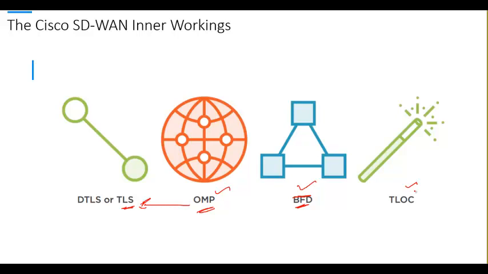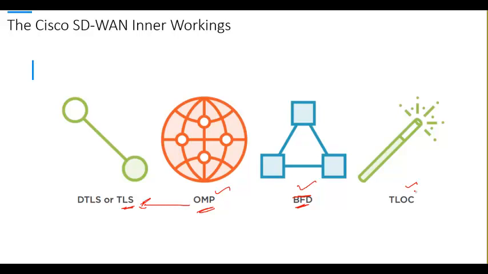So on this abstraction layer, on this top layer, which is built with the help of underlay, a physical or private transport links, which can be MPLS or which can be internet or LTE, without worrying about any of this actual IP address, the transport IP address, we are able to move the packet between the WAN edges using TLOCs.